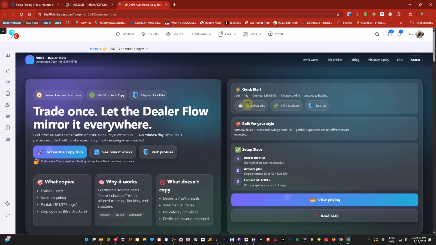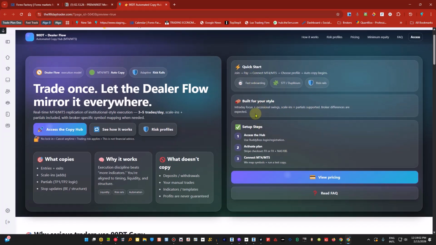Then it's a quick onboarding process. Once I get you set up, we use social copy trading software in the cloud to ensure speed and reliability. We do have risk management I just mentioned. All right, so basically it's focused on intraday, occasional swing trades.